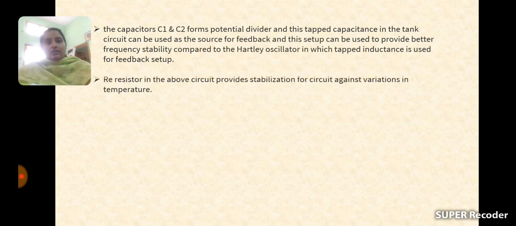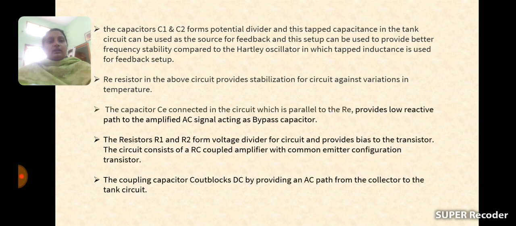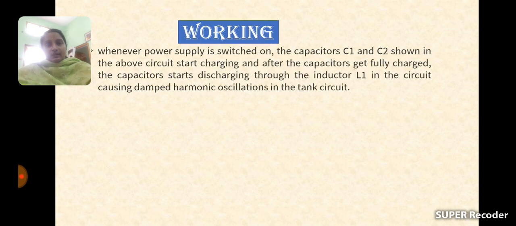And the capacitors C1 and C2 form a tapped capacitance in the tank circuit that can be used as the source for the feedback. The capacitor CE is the emitter bypass capacitor that provides a low reactance path to the signal. And as I already said, R1 and R2 provide potential divider biasing.